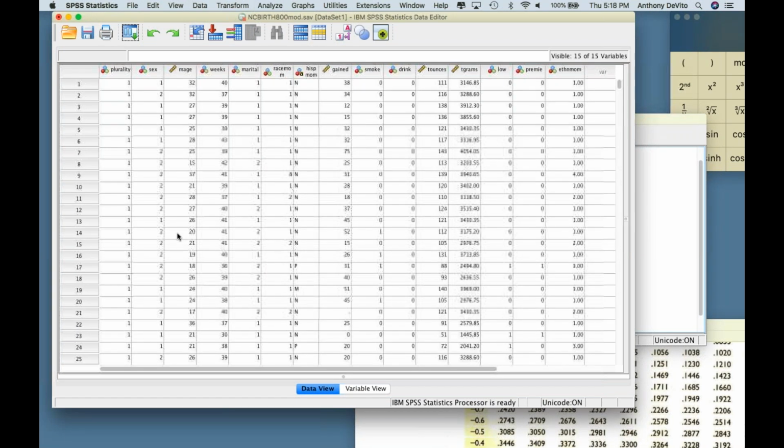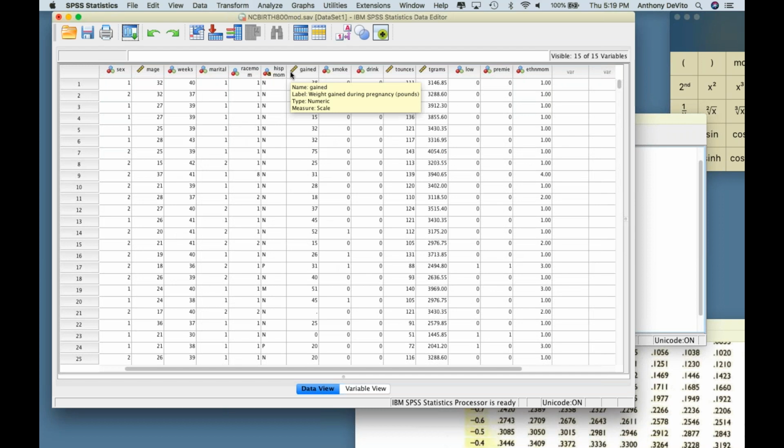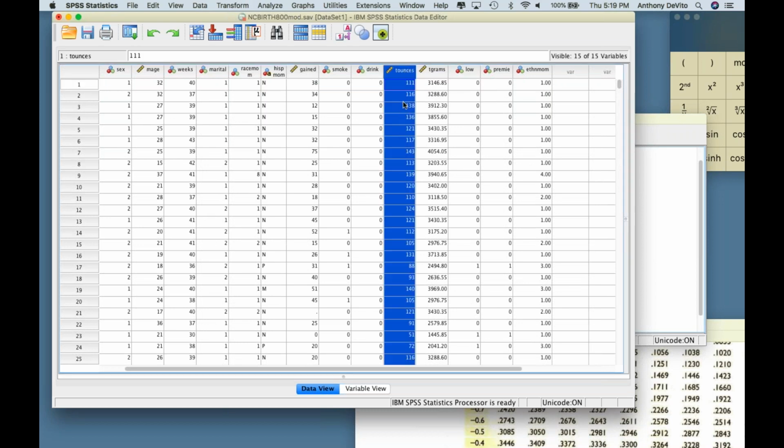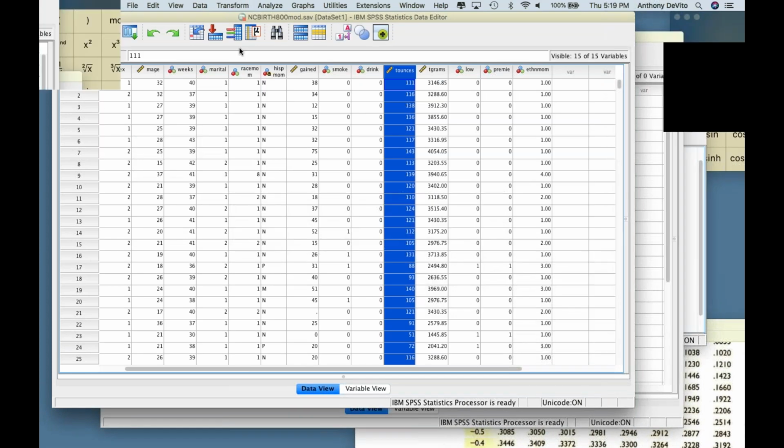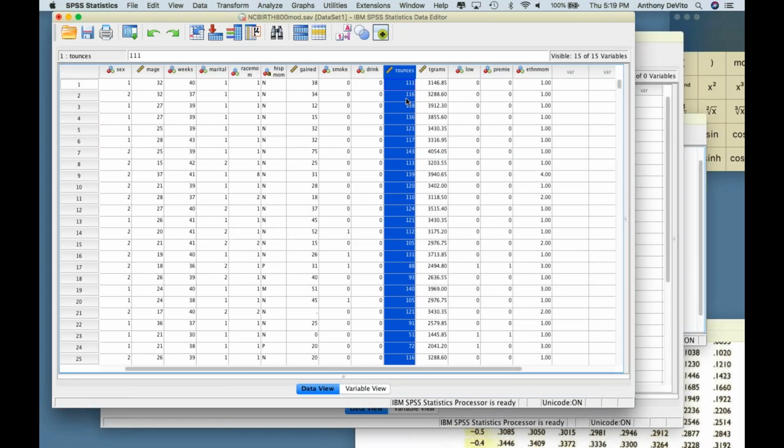So I am going to calculate. This is the average weight in ounces of births among these 800 pregnancies. Actually, I'm going to calculate something else.